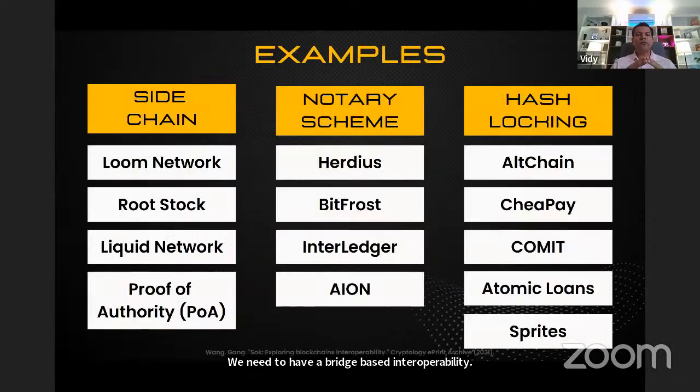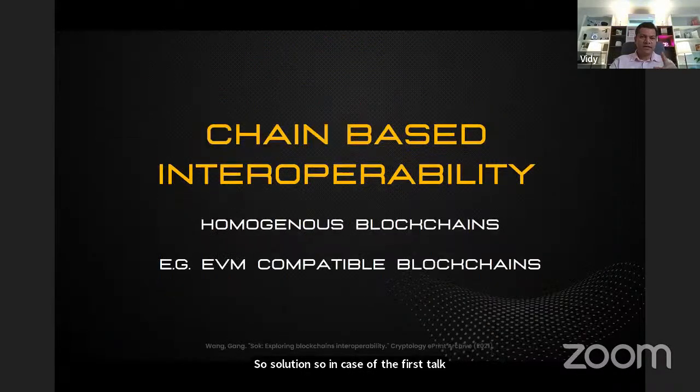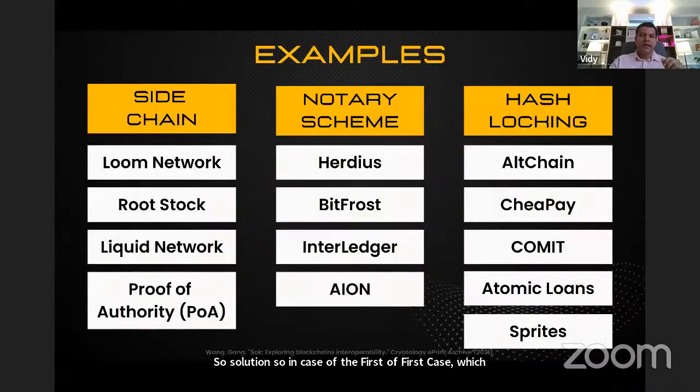In the case of chain-based interoperability, there are many examples of services or companies providing it, and you can see Loom Network, Rootstock, Liquid Network, and others.